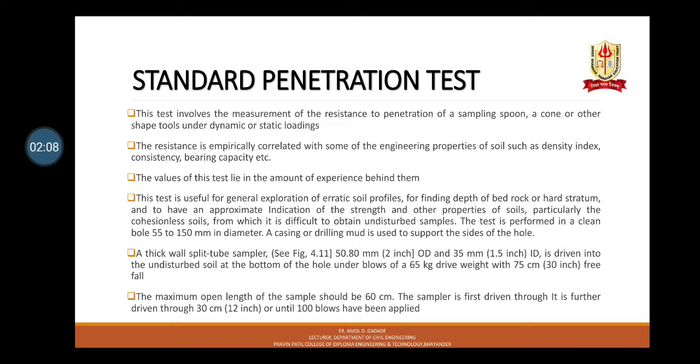Refusal is said to have been reached when the sampler penetrates less than 25 cm under 50 blows. The observed value of N is then corrected for submergence and overburden pressure.